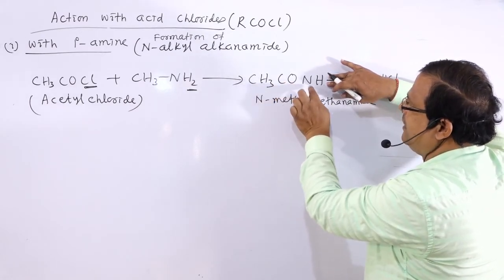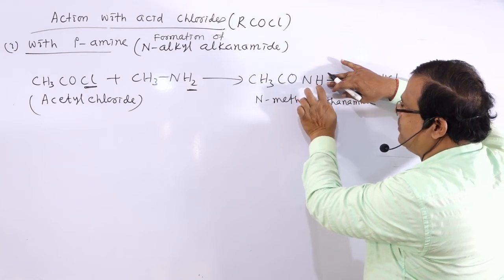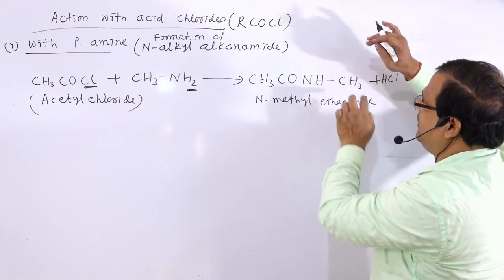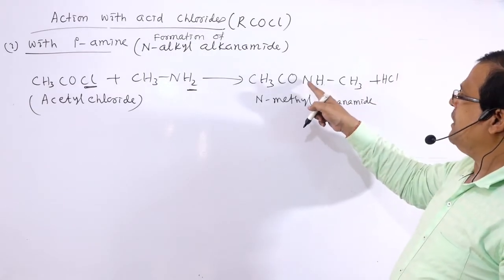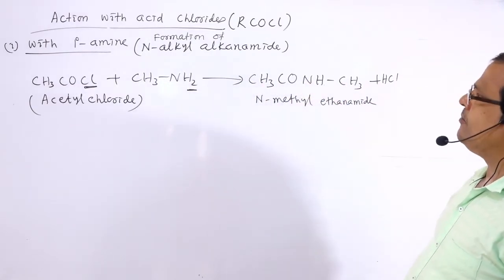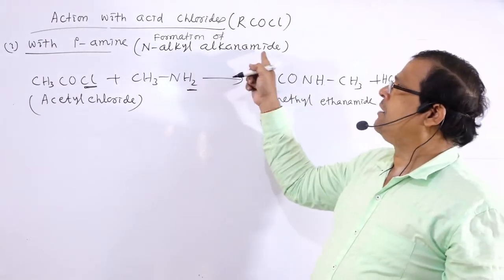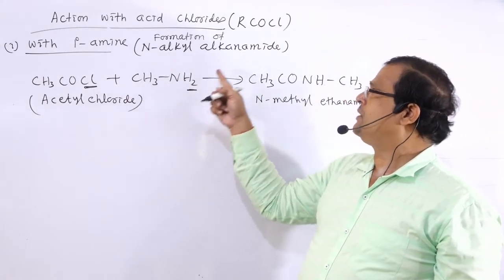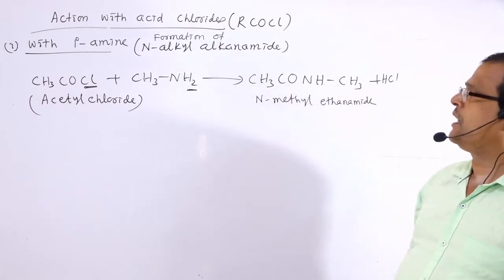From this ethanamide, the hydrogen atom on the nitrogen is replaced by methyl. Therefore it is named N-methyl ethanamide, an N-alkyl alkanamide.